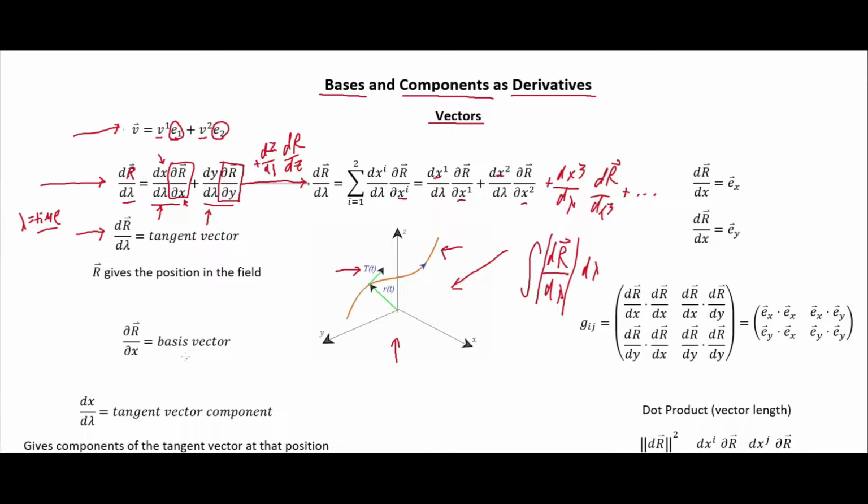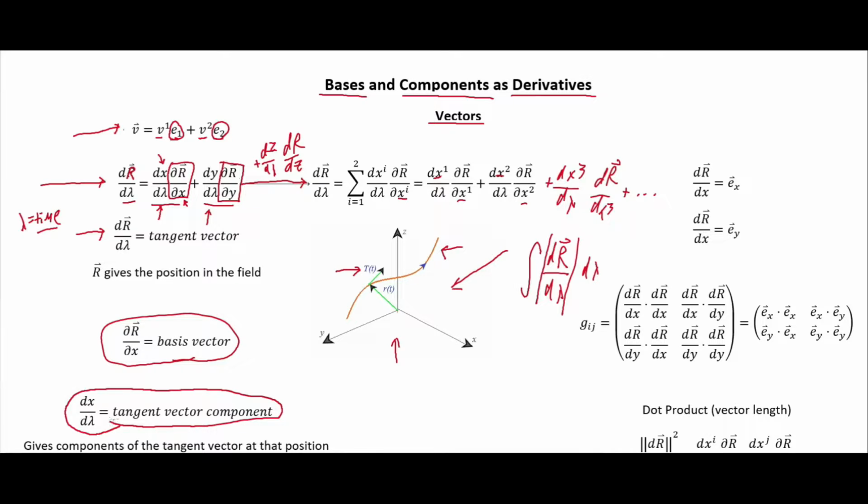And so once again, we have our dr dx here as our basis vector. We have our dx d lambda, and this would also be true of dy d lambda and the dr dy and so forth. But for clarity I'm just putting one each here.